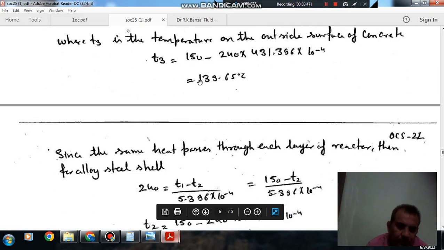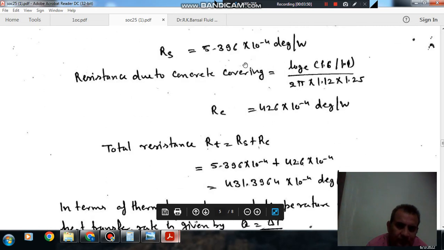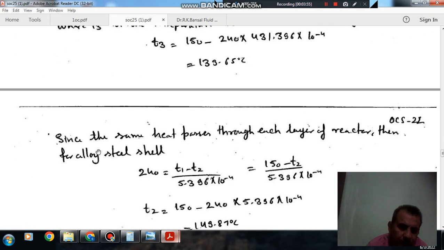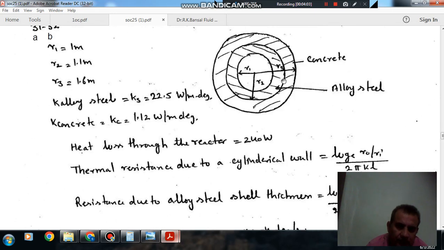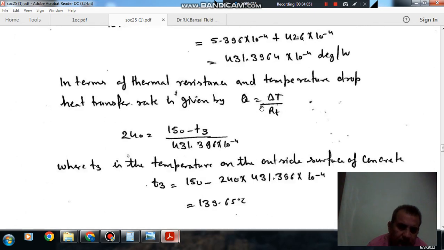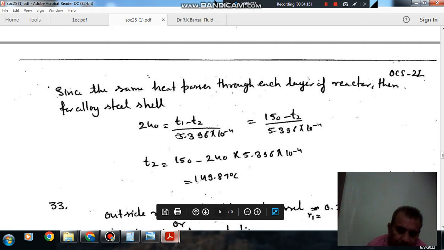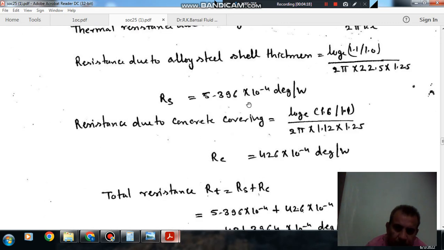Okay. Now the second question is to find the temperature at the interface. The heat transfer is 240, and we can find it by putting in only the resistance of the steel.